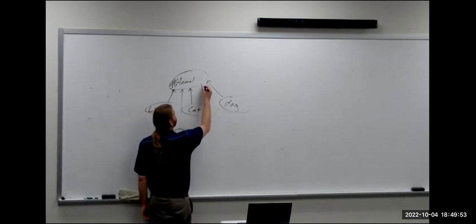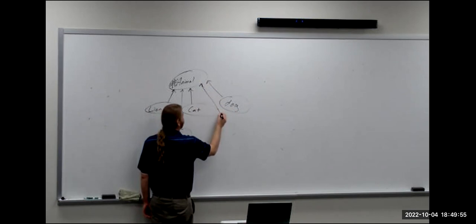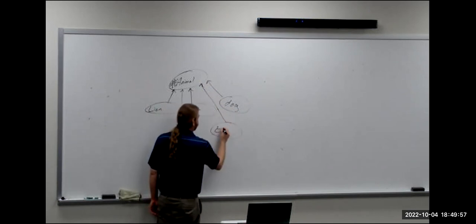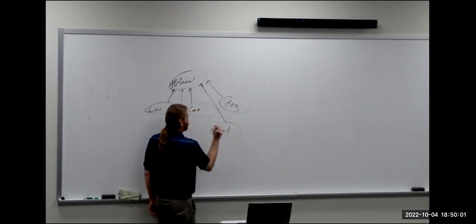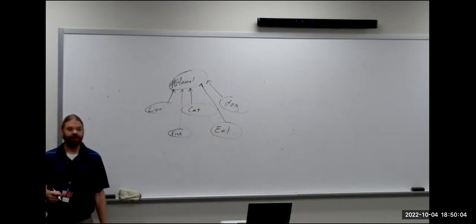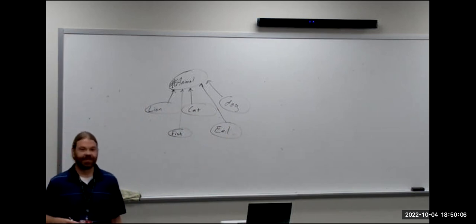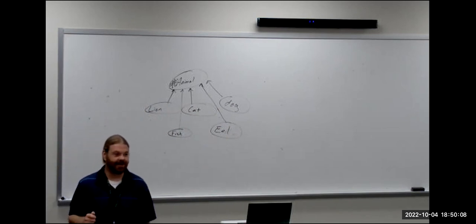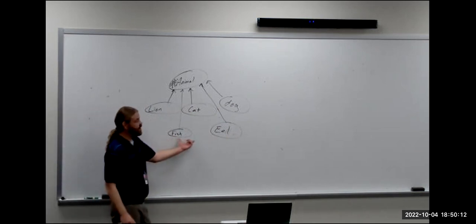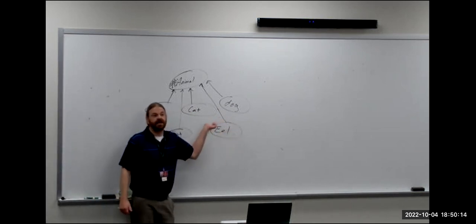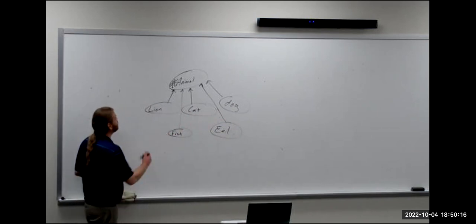We can make something up. Same thing for an eel. Whoops, that's not how to spell eel. There we go. Same thing for an eel. We could make up a sound. First thing popping in my mind is like the electric eel. We could say that, or something along those lines. But we know what sound it's going to make by the child object.